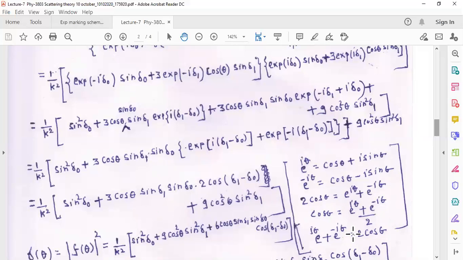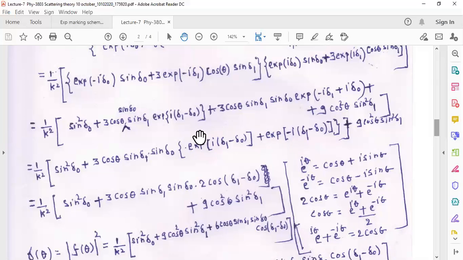So e to the power of i theta plus e to the power of minus i theta is always 2 cos theta. If you have sine theta, then it becomes 2i here, and there is a minus sign also. But anyway, you know that e to the power of i theta plus e to the power of minus i theta is equal to 2 cos theta, right?